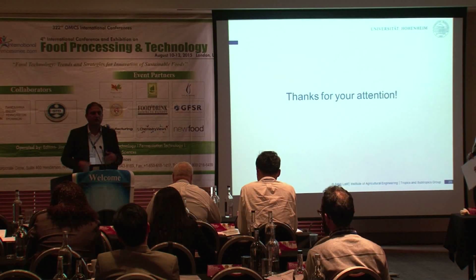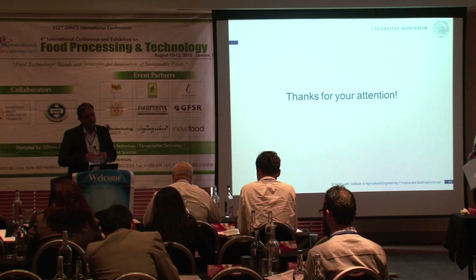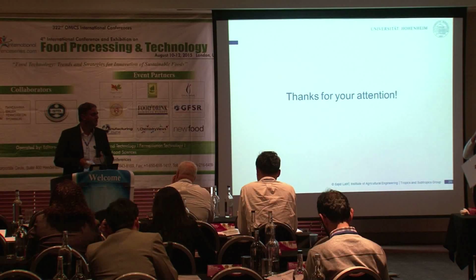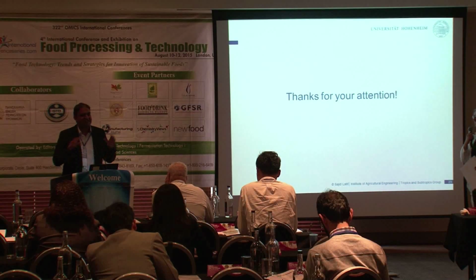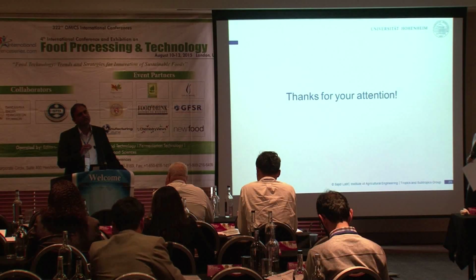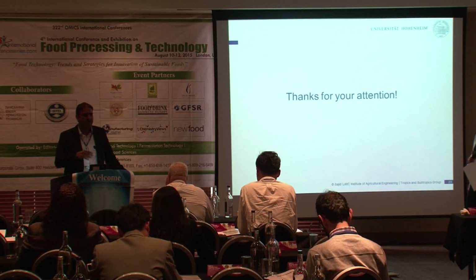The point is how you consume it. You can also find this in a review article. I'm not marketing my review article, but I compiled all the information. This compound is not only in cassava leaves, it's also in some other food crops.